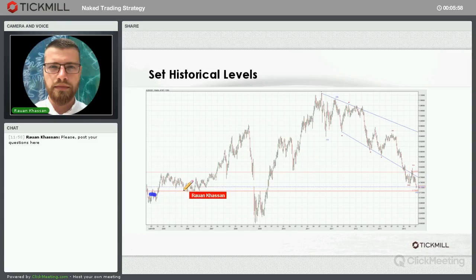Then it was helpful once again in 2006, so 9 years ago. It helped the price to stop in late 2008. It worked as a resistance.